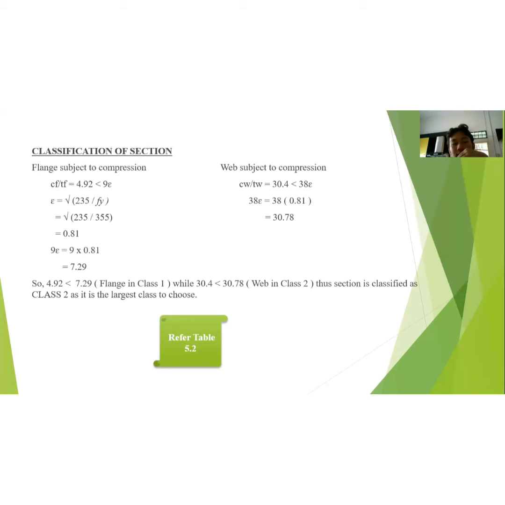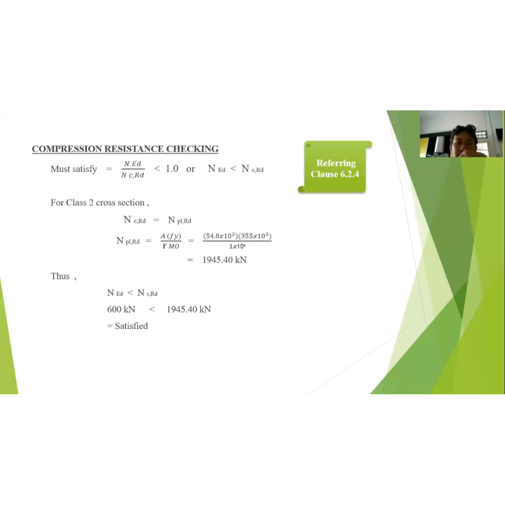The flange is in class 1, while the web is in class 2, because the calculation we get is 30.4 smaller than 30.76. The section is classified as class 2 as it is the largest class to choose. This calculation is referring to table 5.2.